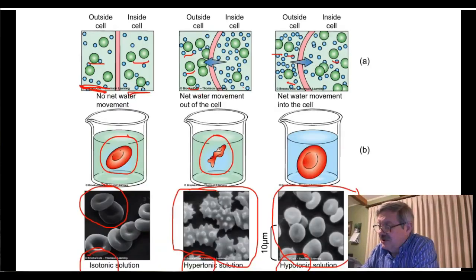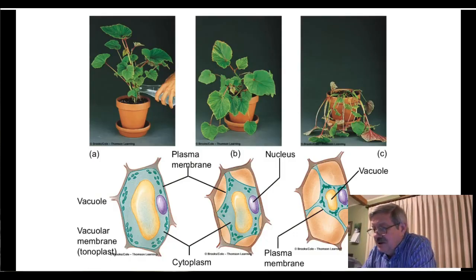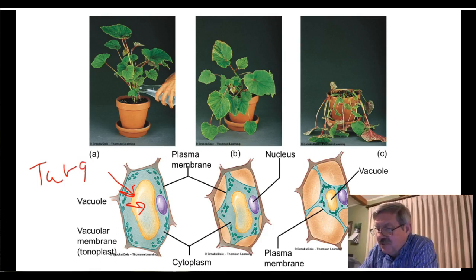Okay. So let's go back over here. Here it's showing a plant that's being watered, so we're generating a hypotonic solution. Water can enter the cells right here, fill up the cells, fill up the vacuole, and produce what is called turgor pressure. Turgor pressure is the water pressure inside those cells.